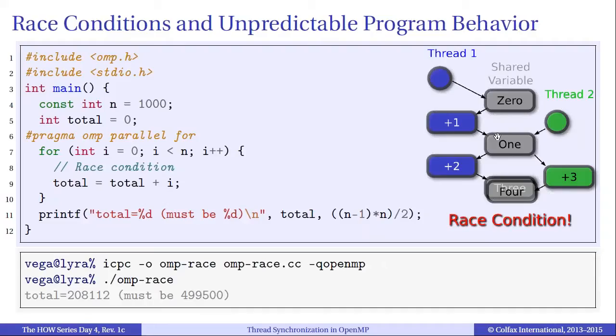But other times you can have one thread reading the variable, and before it has a chance to do the rest, the other thread comes in and reads the old value of this variable. Then what might happen is at runtime, first one thread will write its own result, which is 3, and then the other thread will write its own result, which is 4, and the correct result should have been 6. But because of this data race, I got an incorrect result.